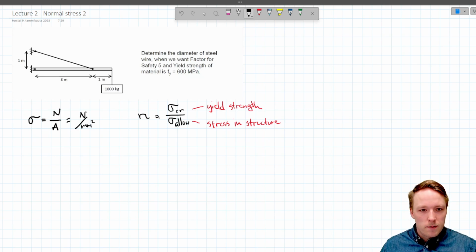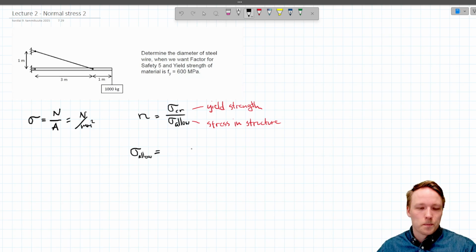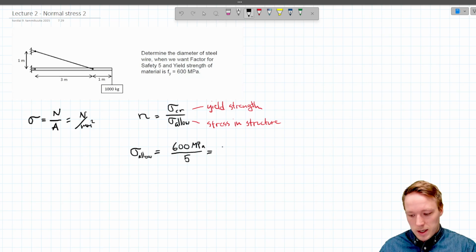So now from the safety factor formula, we can easily calculate what is the allowed stress on the structure. So the allowed stress in the structure will be sigma critical, so 600 megapascals divided by the safety factor of 5, and from there we get that the maximum allowed stress in the structure will be 120 megapascals.